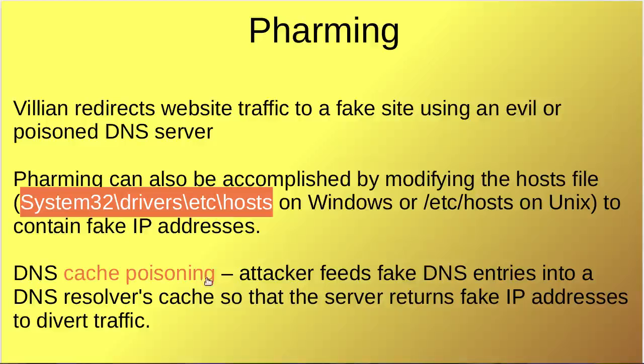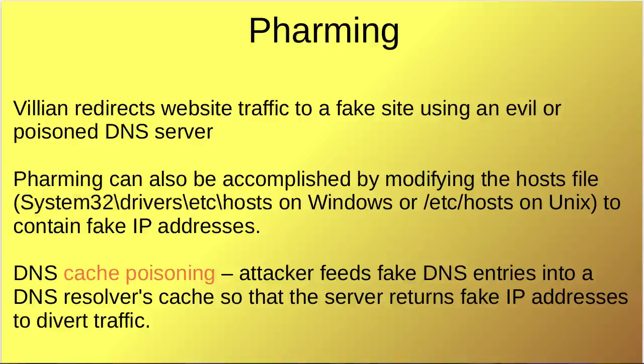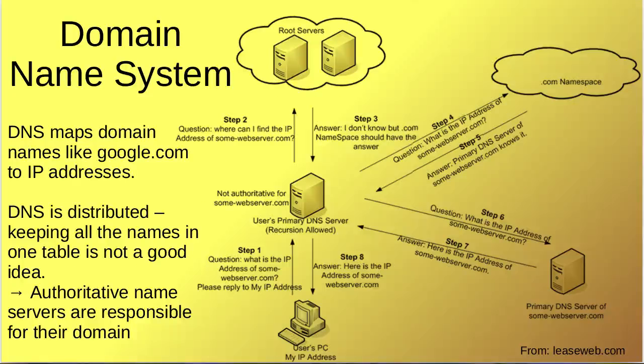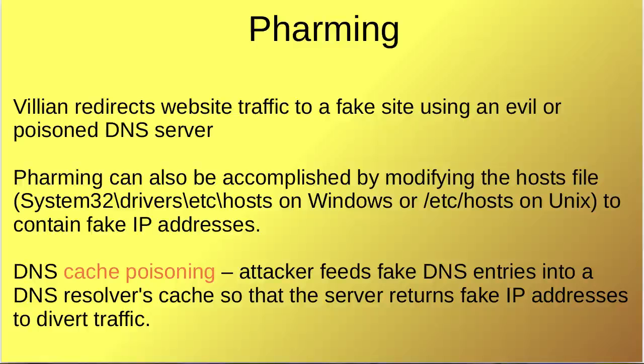DNS cache poisoning is an attack where an attacker can feed fake DNS entries into some DNS resolver's cache. So I'm going to scroll back up to DNS. You can put in fake IP addresses at any one of these levels, and thereby send clients to fake sites and divert traffic.